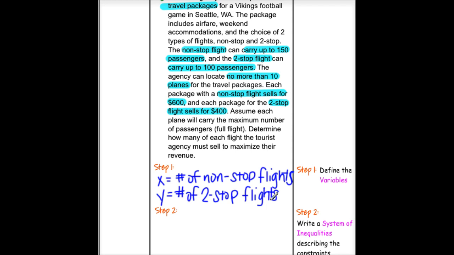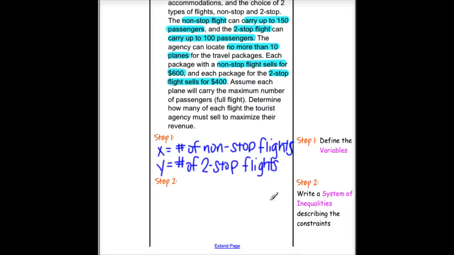So then we move on to step 2, which is probably for most of you the most difficult part. For most of these, you will have 2 inequalities that are given. And one of those is that x will be greater than or equal to 0.